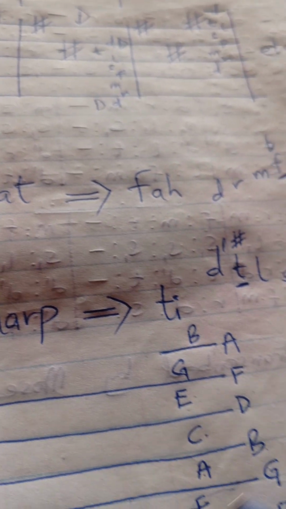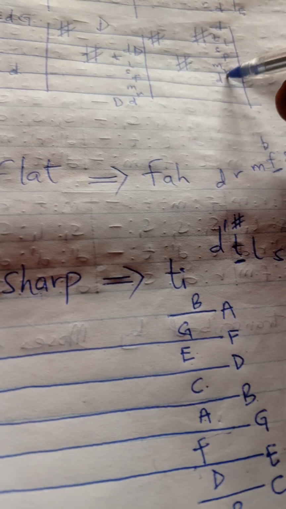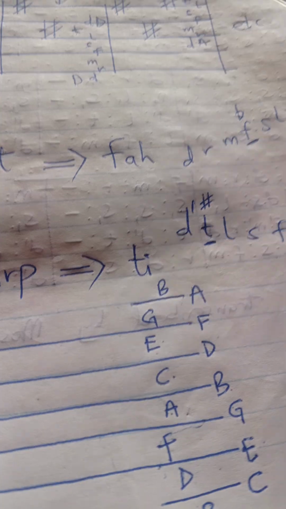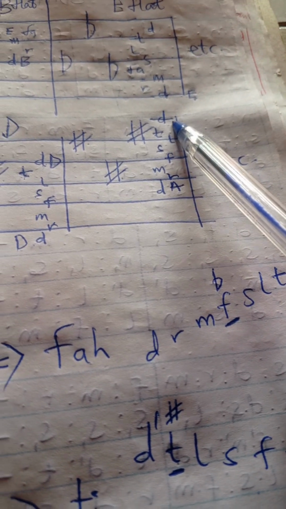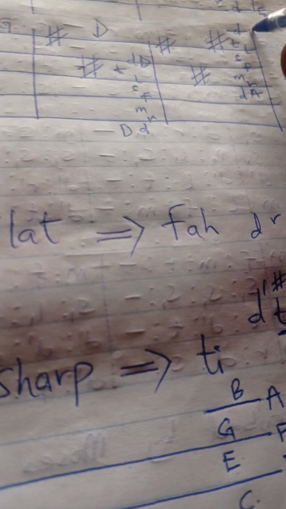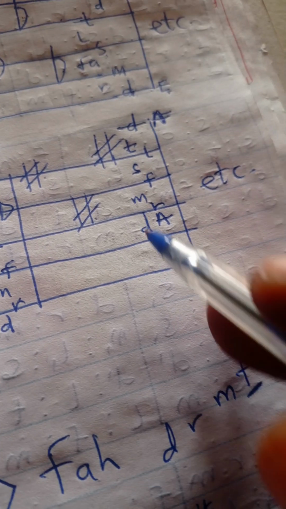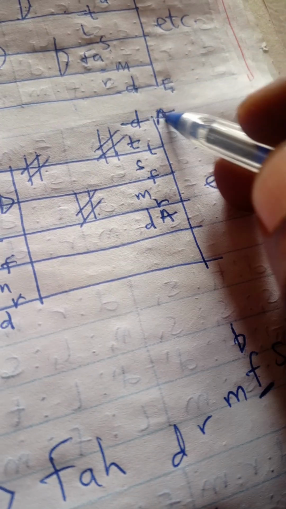Let's look at this reference staff here. The second space is A, so let's write A here. The first line above the staff, this is the first line above the staff, that is A. So here is also A. Here is also A. So we have A and then A.